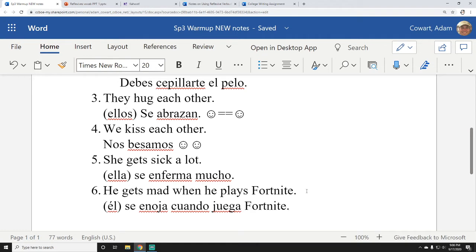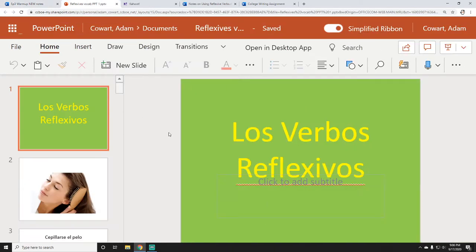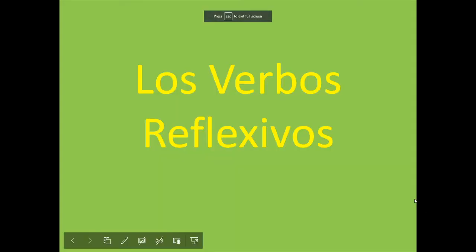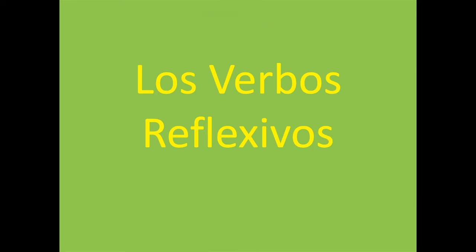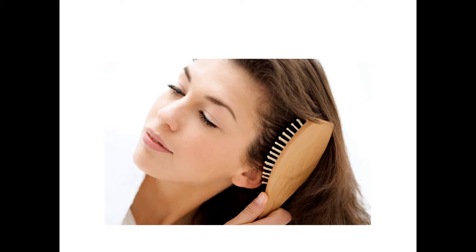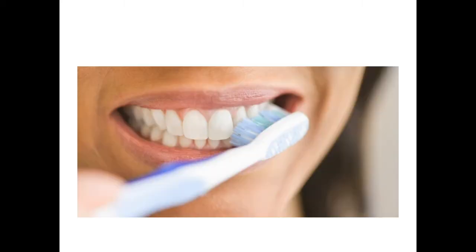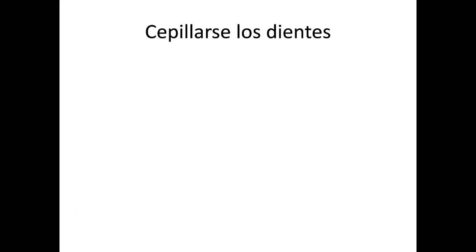Okay, so next, let's go and see how well we remember our reflexive verbs. I'm going to give you just a second to say each one because I don't want to spend all day on this thing, but let's have a look. All right, to brush hair. Cepillarse el pelo. Cepillarse los dientes.